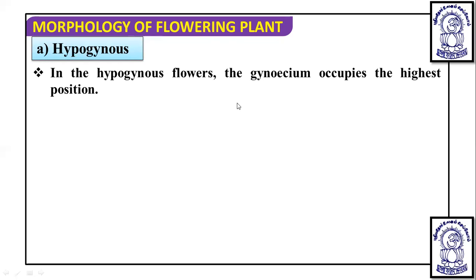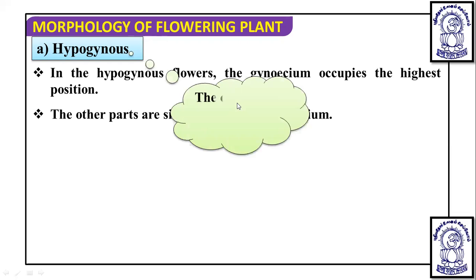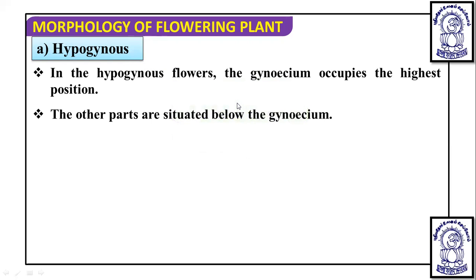Because this statement is saying that in a hypogynous flower, the gynoecium occupies the highest position, and the other parts are situated below the gynoecium. So the ovary in this flower is superior, but the other three whorls are at a lower position, and based on the position of the ovary, we are describing this thing. So the flower is known to be a hypogynous flower.